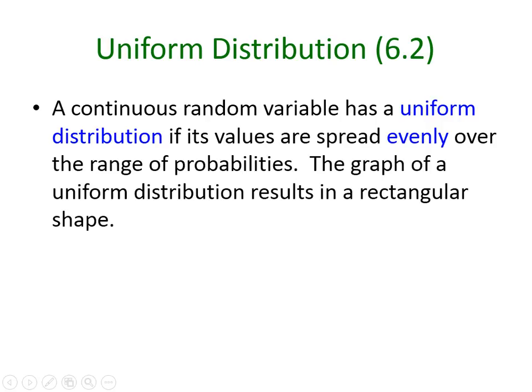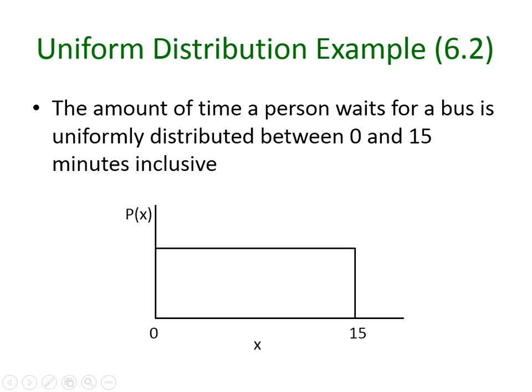Random variable has a uniform value. So the probability of waiting a minute, the probability of waiting 14 minutes is all going to be the same.